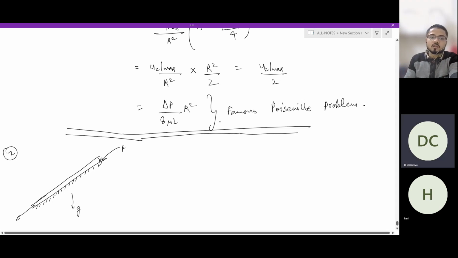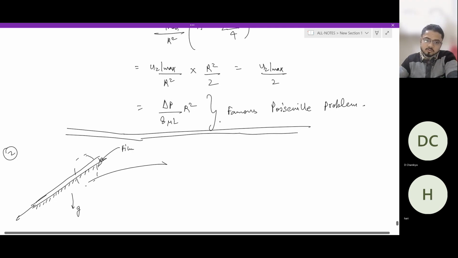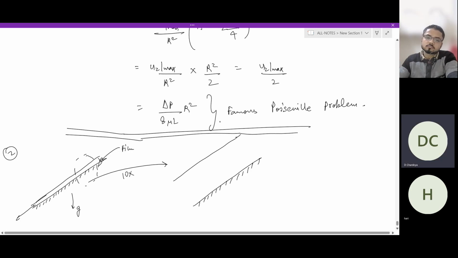Now you zoom it in, and this would look something like this. So this interface would actually be something like this, right? But for the ease of modeling purposes, we are assuming it to be a flat interface.